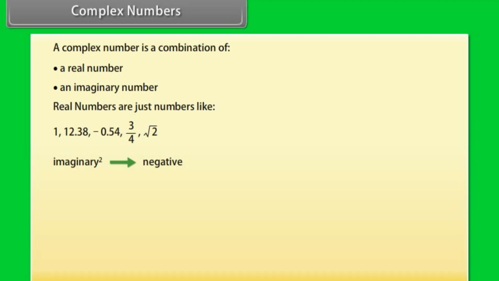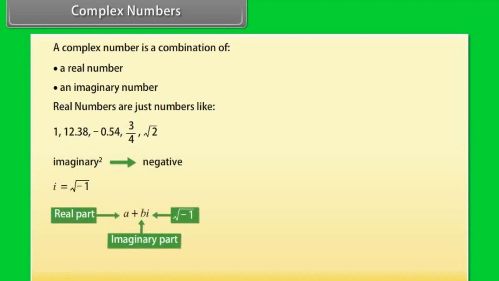The unit imaginary number is i, that is iota, which is the square root of minus 1. a plus b iota is a complex number, a combination of real number and imaginary number. Examples are 1 plus iota, 39 plus 3 iota, minus 2 plus pi iota, square root 2 plus iota by 2.